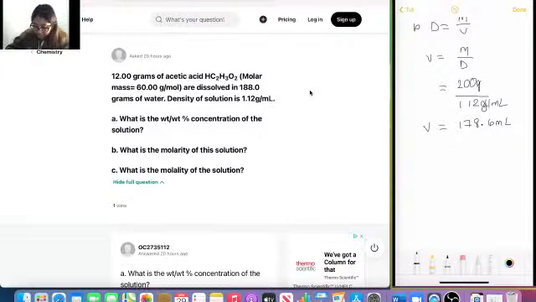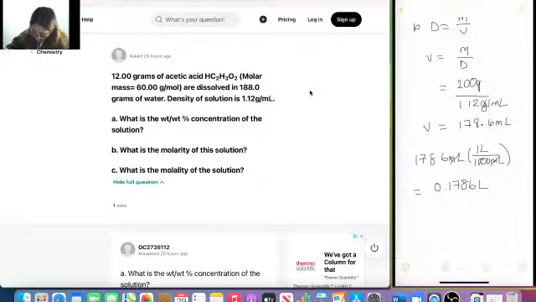We convert 178.6 milliliters to liters. To do that, this is our conversion factor: 1 liter over 1,000 milliliters. The milliliters cancel, and we basically have 0.1786 liters.